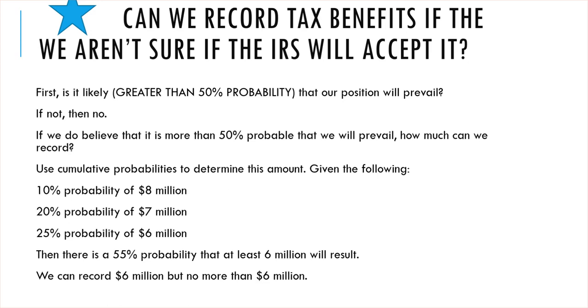Okay, so probably what I would be doing, if I was wanting to record tax benefits, which is going to show up as an asset in my financial statement, and that'd be a good thing, I would go back and try to come up with exactly 50%. Because here I know 30% is 7 million, and I know 55% is 6 million, but that tells me probably 50% is going to be somewhere between 6 and 7, right? So I could probably have recorded more as a benefit if I could come up with exactly that 50% number. Okay.